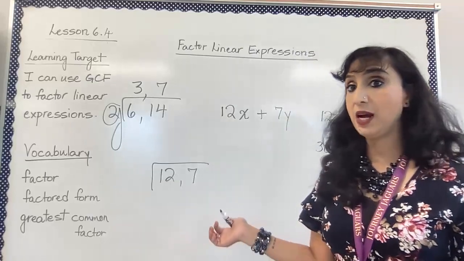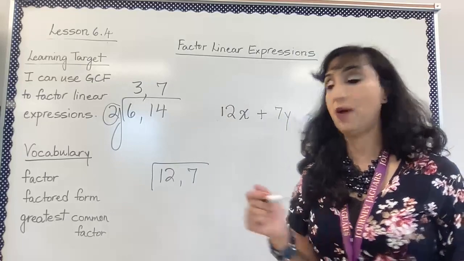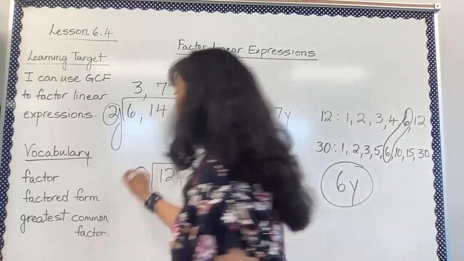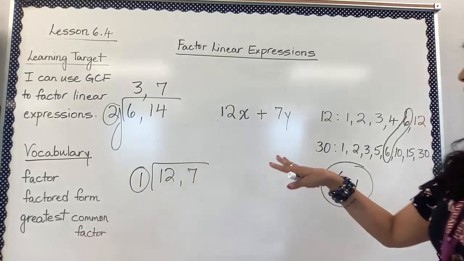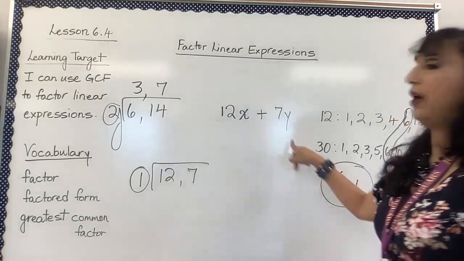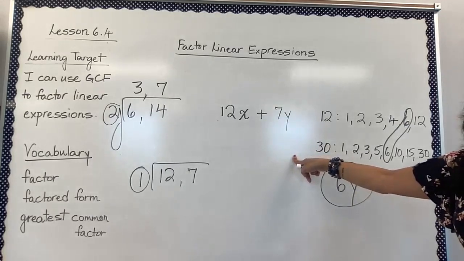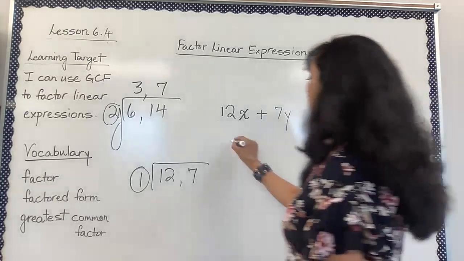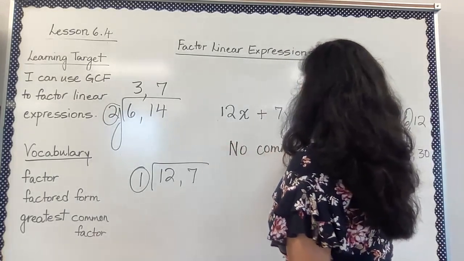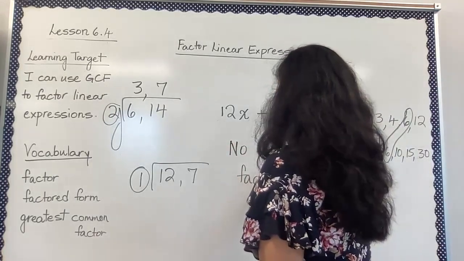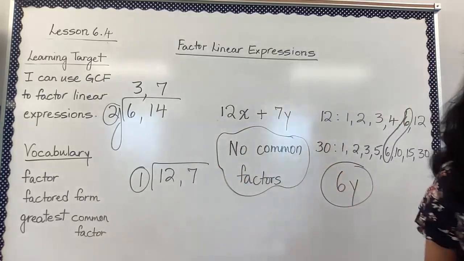I don't see any number that they're divisible by; the greatest common factor here is 1, right? So there's nothing common besides 1 to them. And even the variables are different over here. So therefore, in this case, there are no common factors.